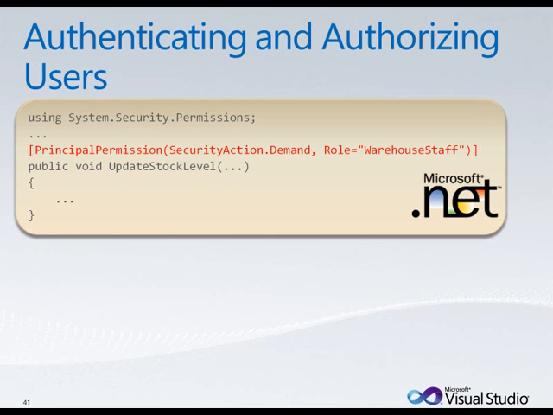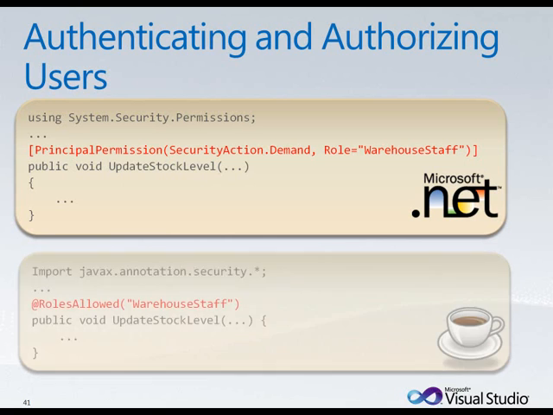Using RBS, you can annotate methods with attributes that specify any roles that the authenticated user must have in order to run those methods. The CLR performs the authorization when the application invokes these methods. These attributes are similar to the Java security annotations available in Java EE 5 and those described in JSR 250, available with implementations of Java SE 6 and onwards.